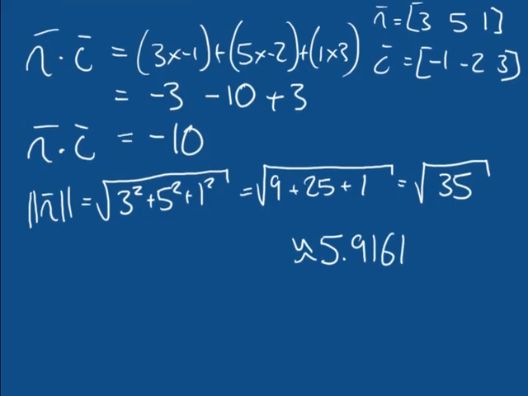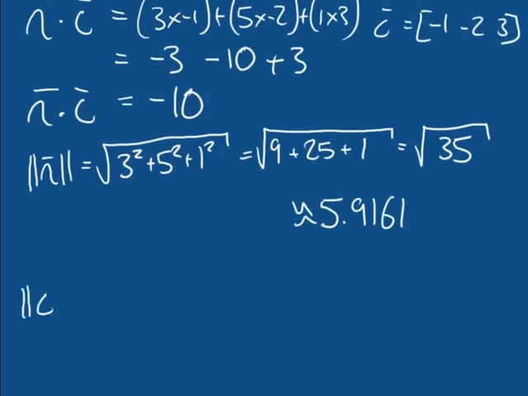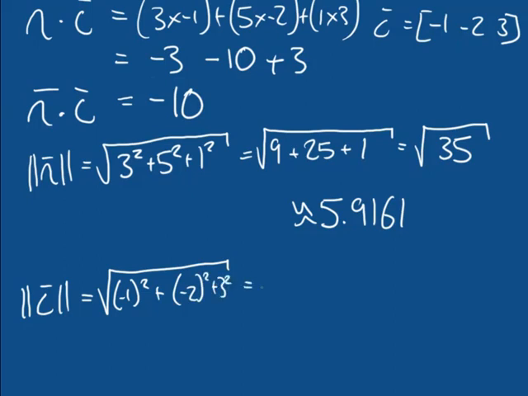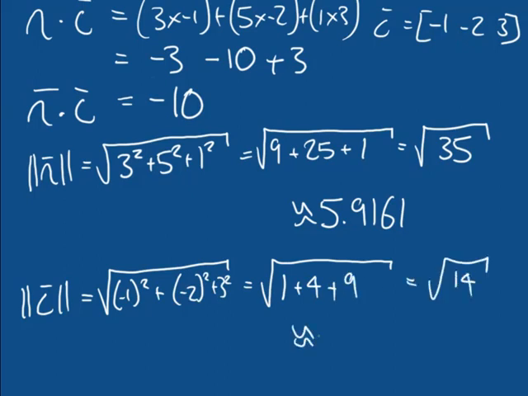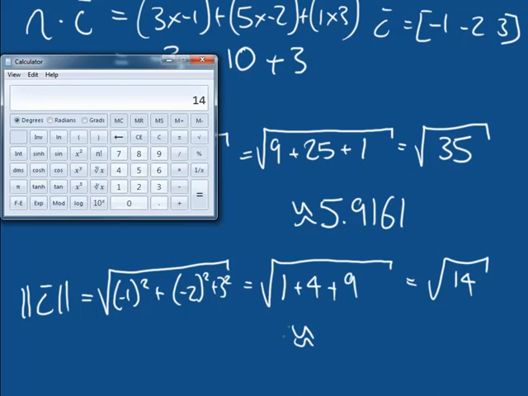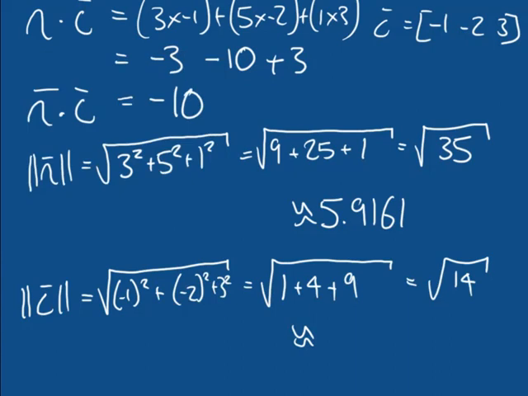The length of c is equal to the square root of x squared plus y squared plus z squared, so minus 1 squared plus minus 2 squared plus 3 squared, which is equal to the square root of 1 plus 4 plus 9, which is equal to the square root of 14, which is approximately equal to 3.7417 if I round that to 4 decimal places.